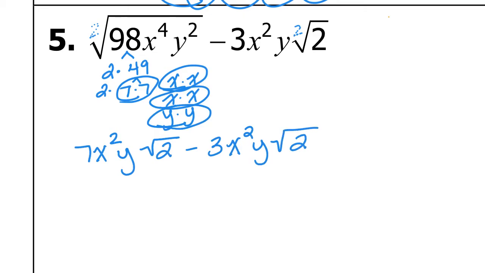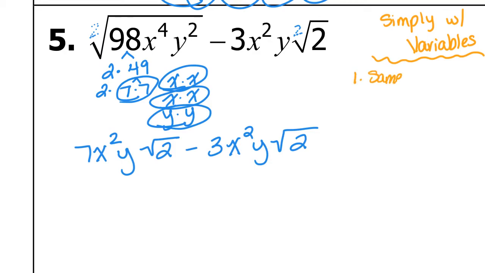Now when you have to simplify using variables, not only are we going to be looking for the same index and the same radicand, but you also have to include the same variable and the same exponent. So we want to be very careful. 1, do they have the same variable or variables, in this case x and y?